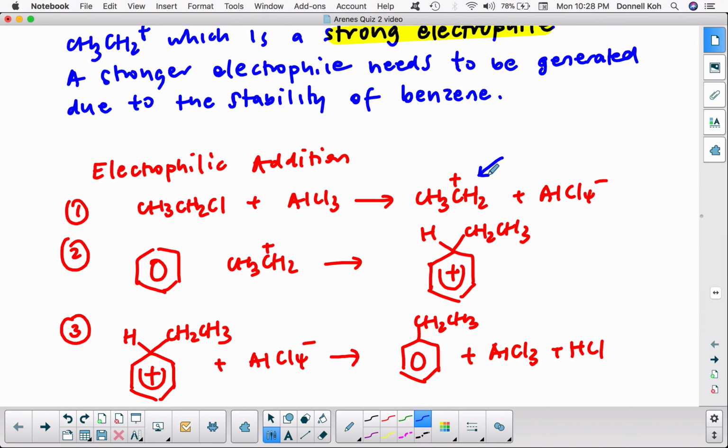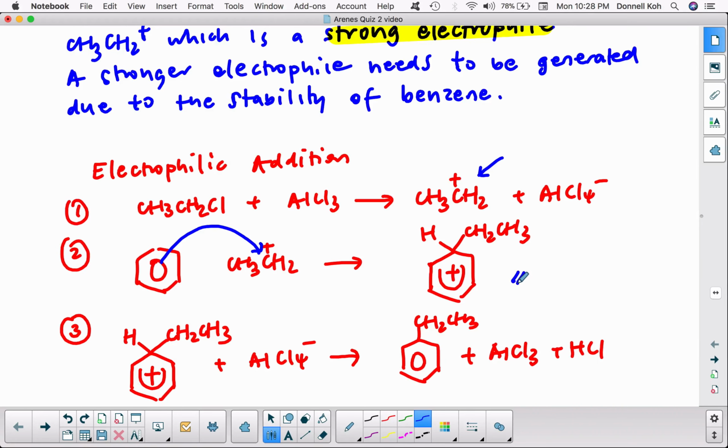The second step is the attack of the electrophile on the benzene ring, and this is how we show the electrons moving from the pi electron cloud of the benzene ring to the carbon. This is how you draw it. So you form the intermediate carbocation, or the carbocation intermediate.